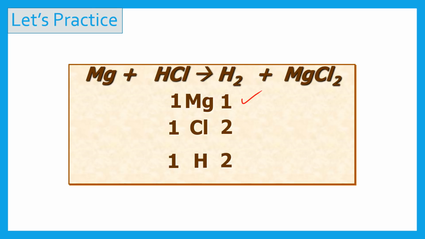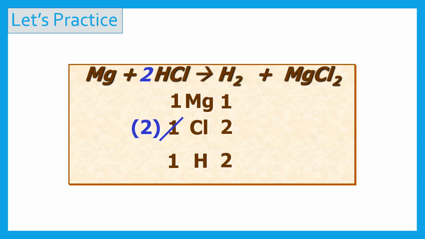So we're going to change this. We need to have at least 2 chlorines on the reactant side. So simple enough. We have 1, so we need to have 2. We're going to add a coefficient of 2. So I'll change the chlorine to 2, so that all checks out.